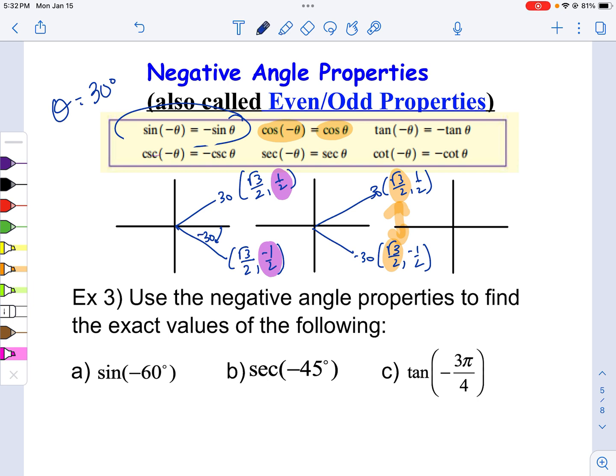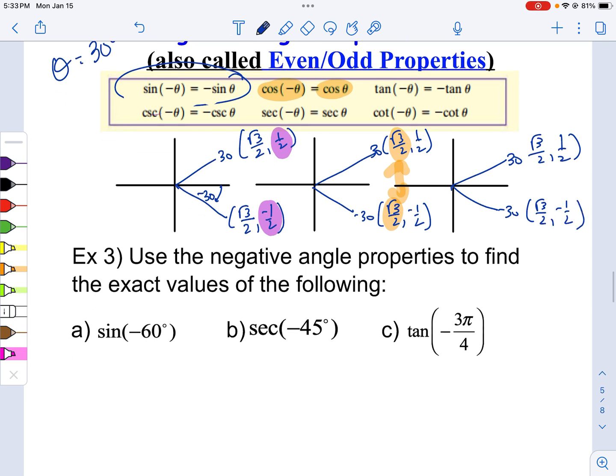All right, so let's take a look at tangent. We'll just use that 30 degrees again. So I've got root 3 over 2 comma 1/2, and down here at negative 30, it's still root 3 over 2 comma negative 1/2. Now remember, tangent is y over x. At 30 degrees, I'm going to take the y value, which is 1/2, and divide by root 3 over 2.